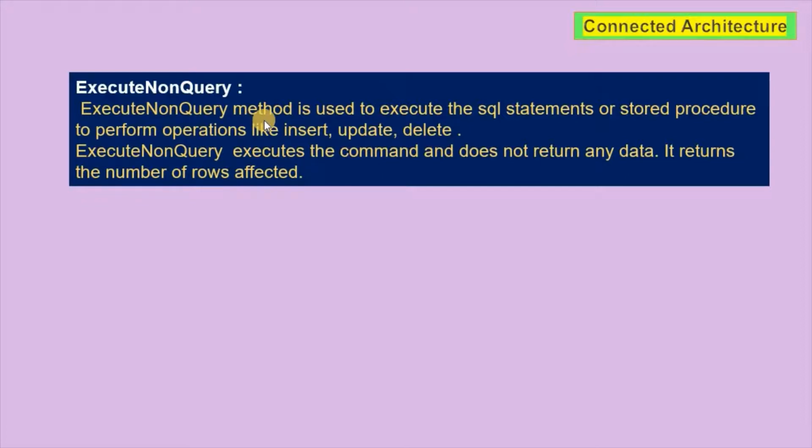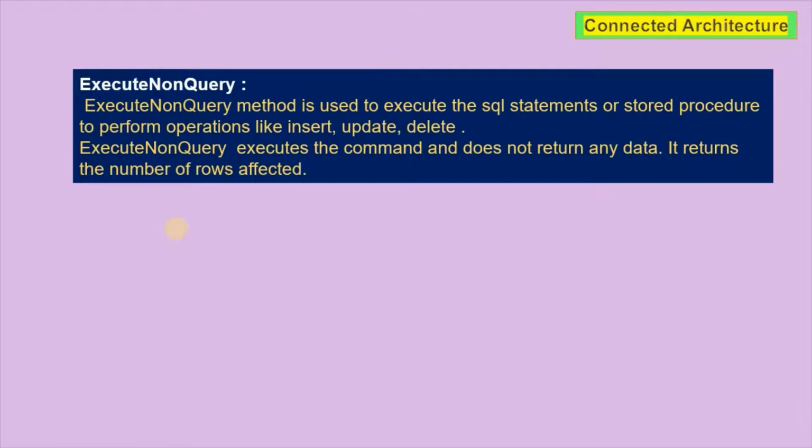The execute non-query method is used to execute SQL statements or stored procedures to perform operations like insert, update, delete. Execute non-query executes the command and does not return any data. It returns the number of rows affected.